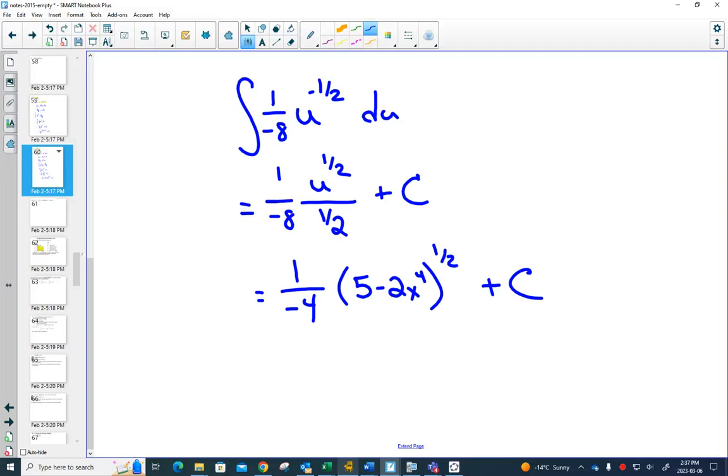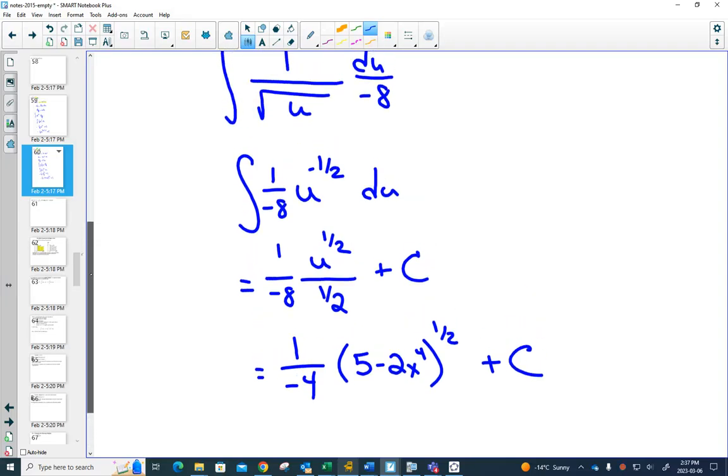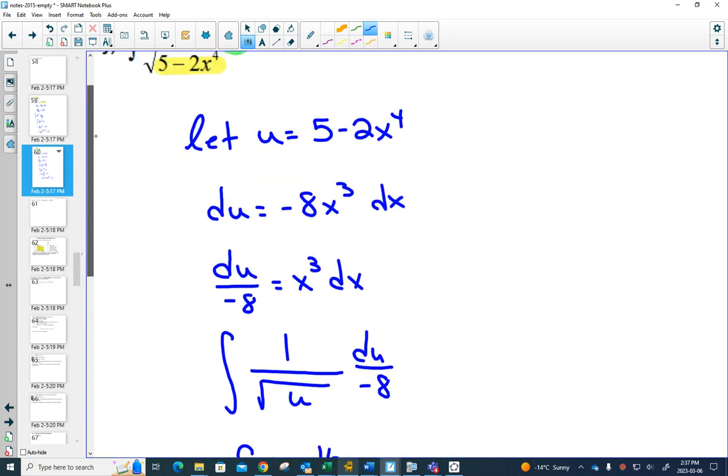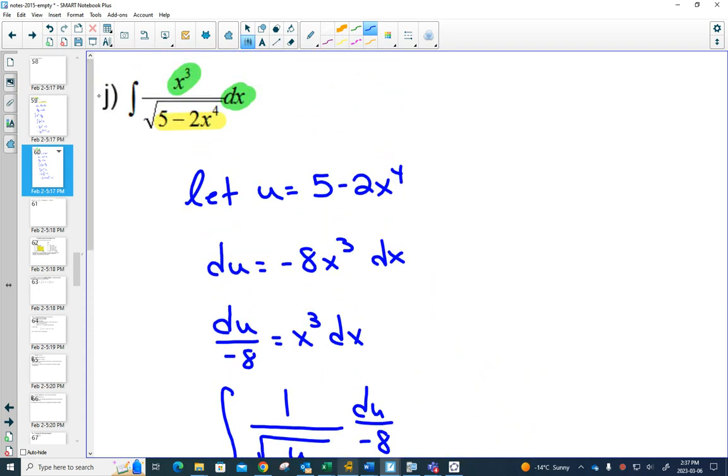The substitution works really nice. Again, what's the key to knowing that you're going to use substitution? You have to look for a function inside, and its derivative has to be present. Some form of its derivative. If that's the case, then you're going to be able to do integration by substitution.